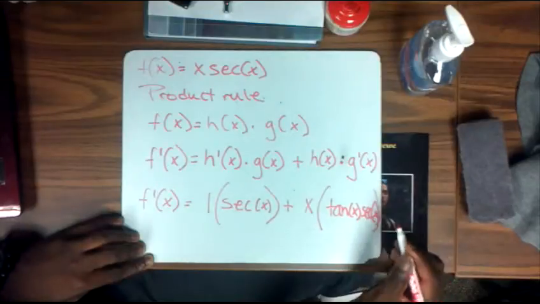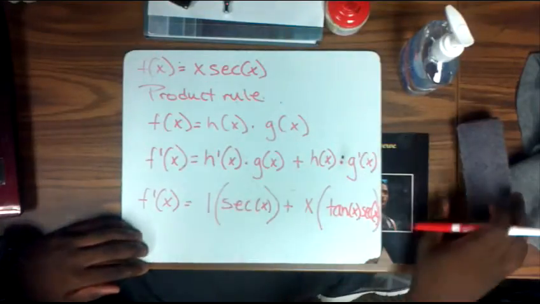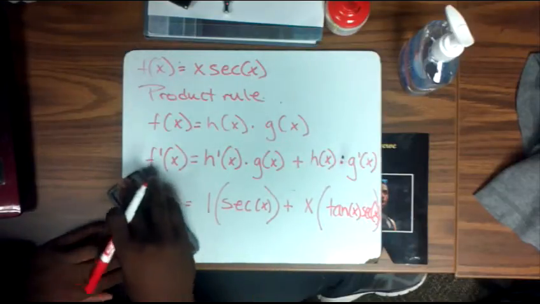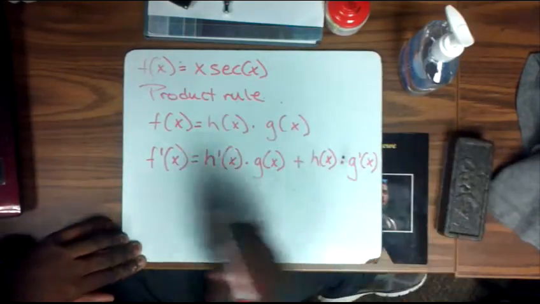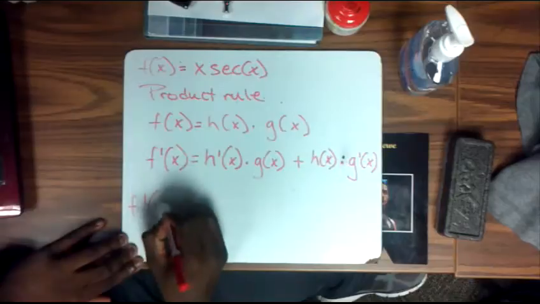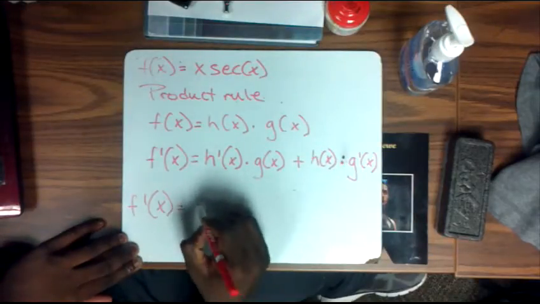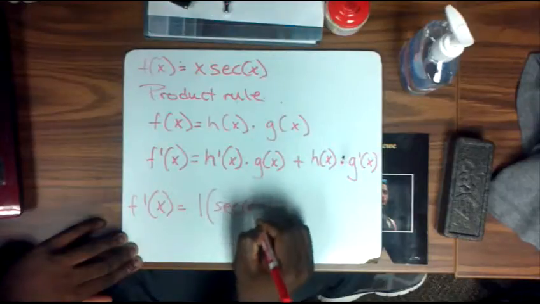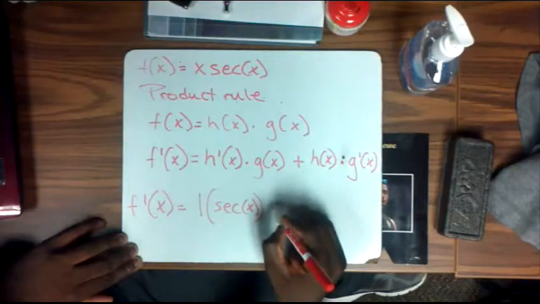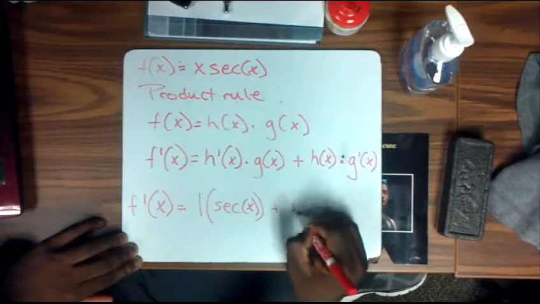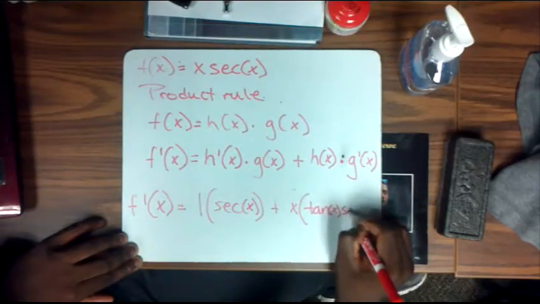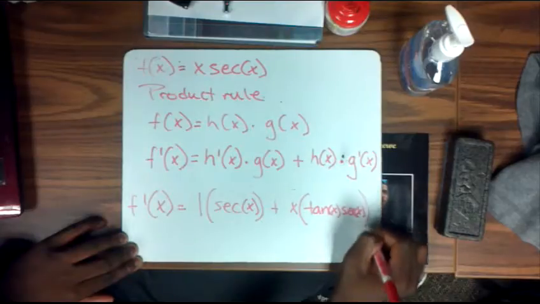Close parentheses. I'm going to rewrite this because it's very stuffed up. So it's just f prime of x is equal to 1 times secant x plus x times tangent of x times secant of x.